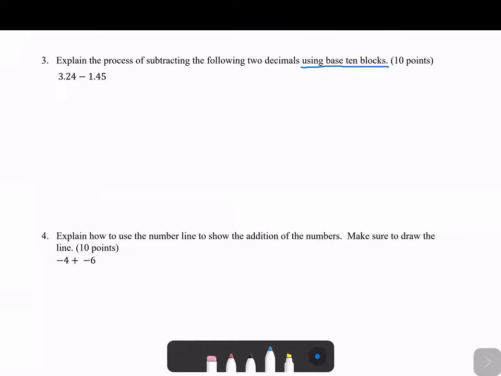So since we only have the ones, the tenths, and the hundredths, I'm just going to have a flat represent 1. Because then we'll have flats and longs and the units. So a flat represents 1. You always have to put this if you're using base blocks with decimals. You have to say what represents 1.